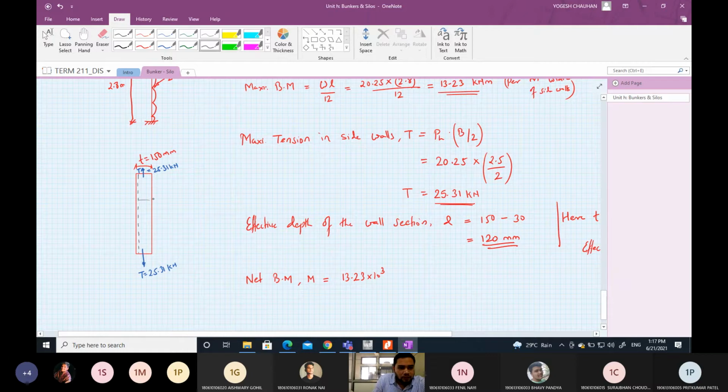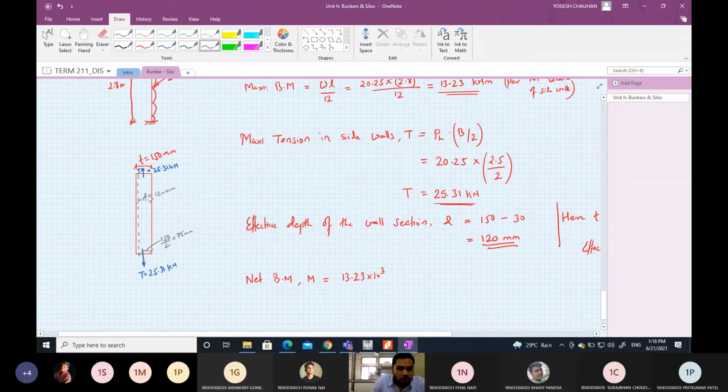This depth is your effective depth D, which is equal to 120 mm, and this force is acting at a distance of 150 by 2, that is 75 mm.